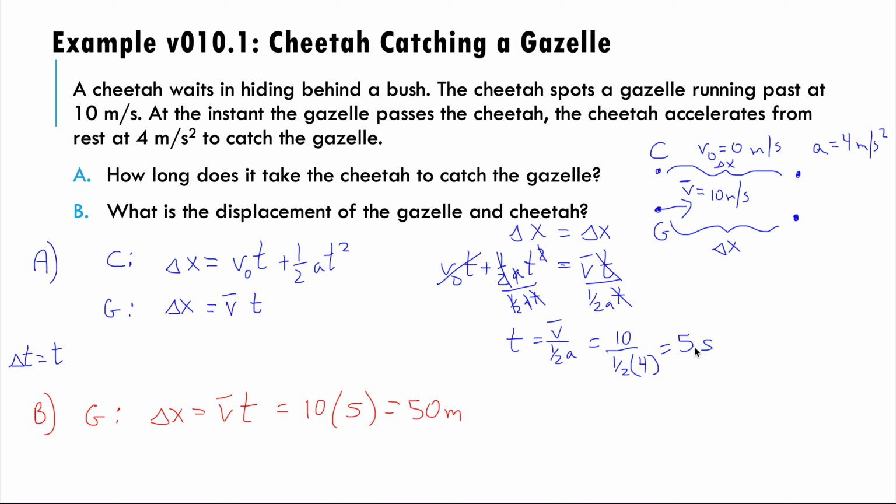If you plug in 5 seconds into the equation for the cheetah, you will also get 50 meters. So this was just an example where we do have two objects that are moving, and we have to combine their equations in order to solve for an unknown.